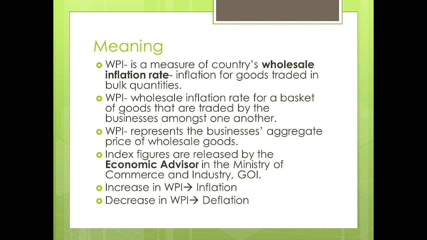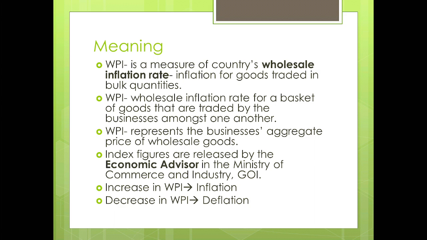So we are talking about those businesses that are engaged in the purchase of bulk commodities and resale of bulk commodities, and what is the cost of that? What is the average price of a basket of those goods which are purchased in bulk quantity and sold in bulk quantity? And that is nothing but the wholesale inflation rate or wholesale price index.